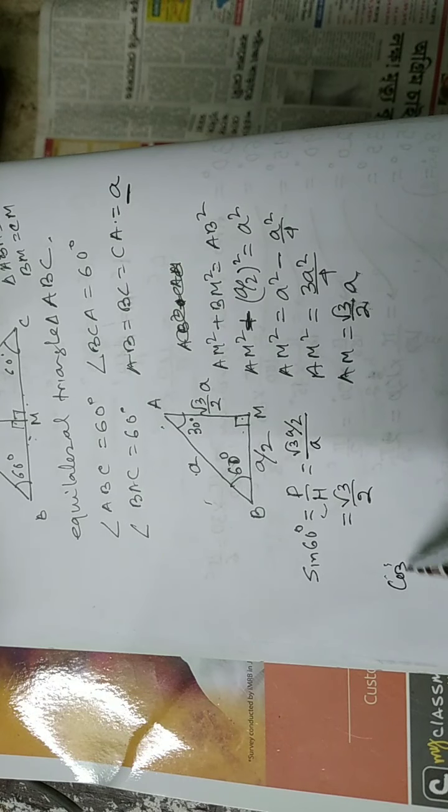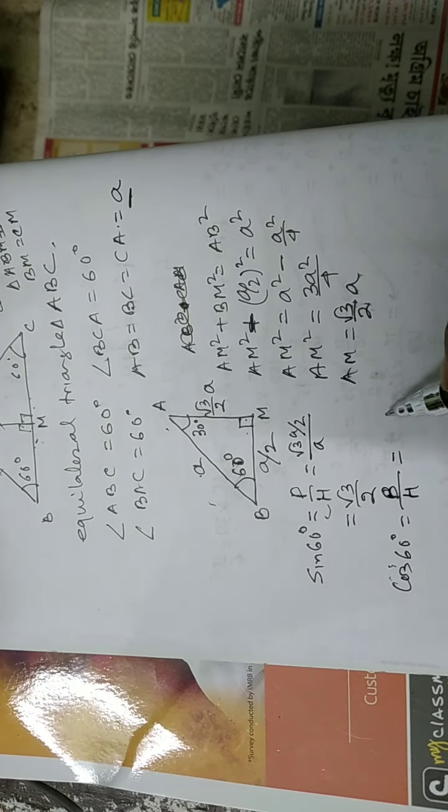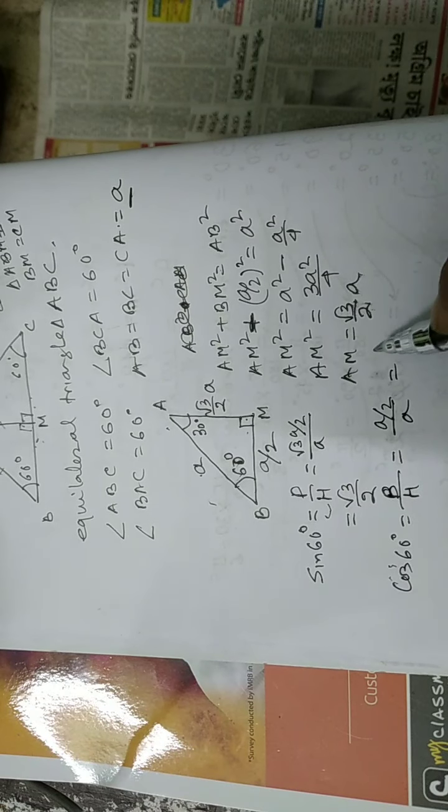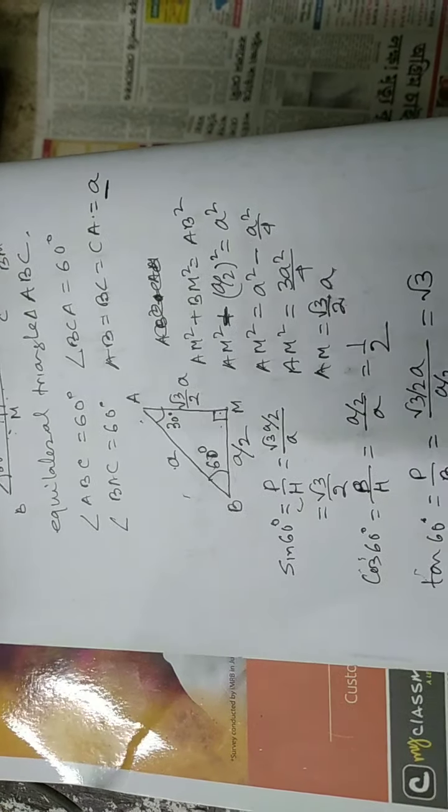Cos 60 is B by H, that is A by 2 by A, that is half. Tan 60 is P by B, that is root 3 by 2A divided by A by 2, that is root 3, right? That is root 3.